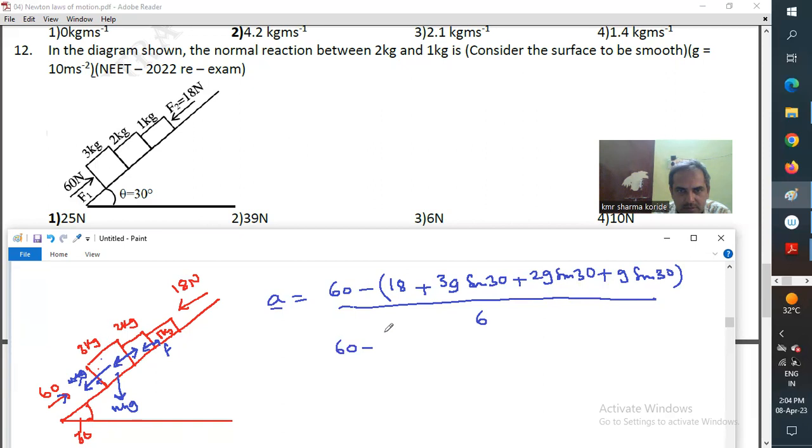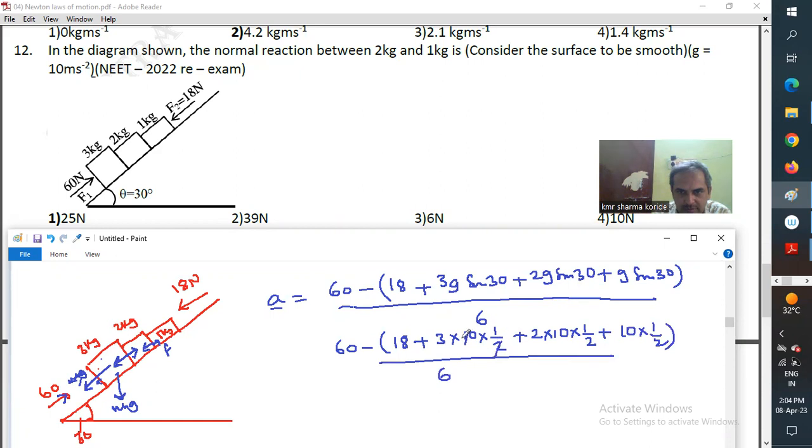60 minus, this is going to be 18 plus, so this is 3g. 3g is 10 with 1 by 2, plus 2g with 10 with 1 by 2, plus g with 1 by 2. So otherwise 10 into 1 by 2, whole divided by 6. So this is 5, this is 5, this is 5.